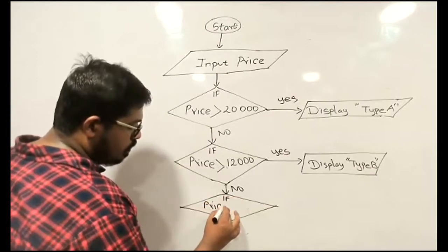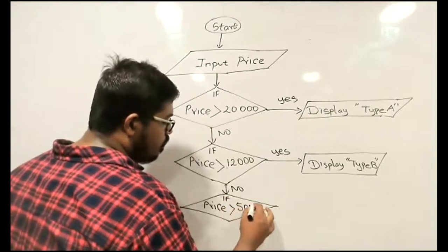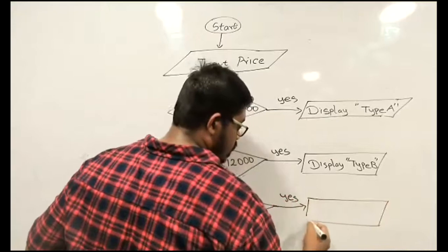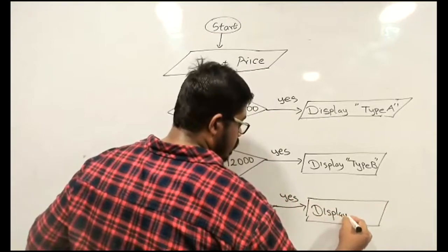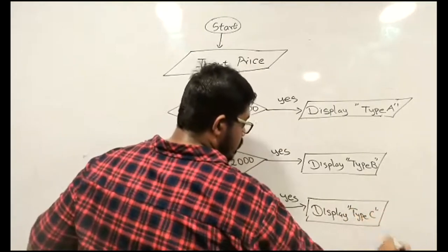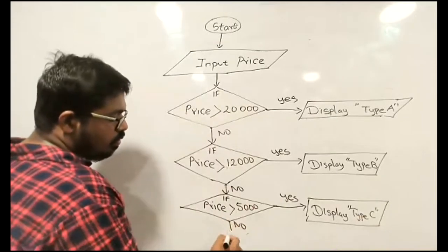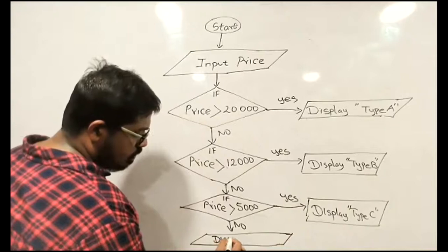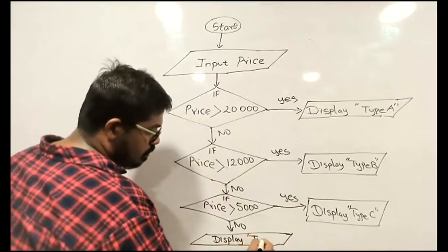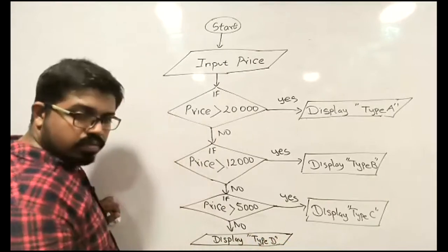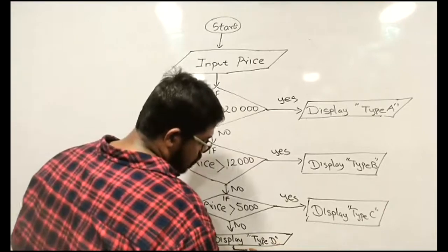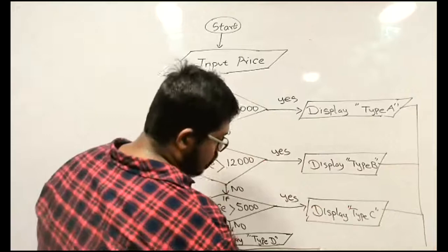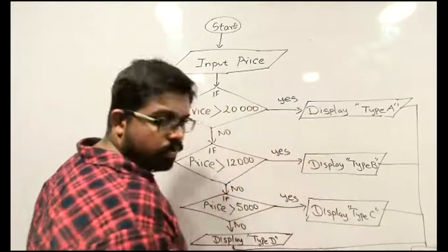If price greater than 5,000, yes. Display type C. No. Display type D. Here just combine these things and then stop, right?